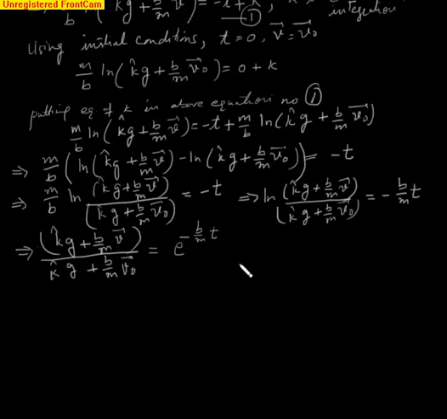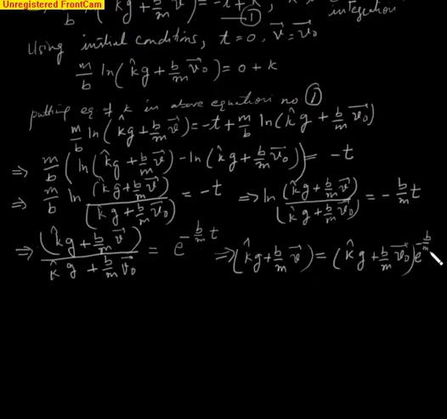Let us take the denominator to the right hand side. It further gives me the numerator, kg plus b over m V vector, remains here, and the denominator comes to the right hand side: kg plus b over m V naught times e to the power minus b over m into t. So this is the equation.